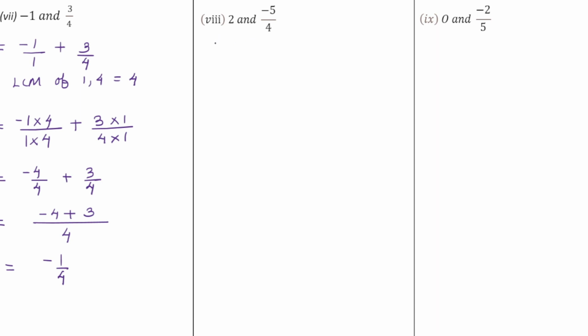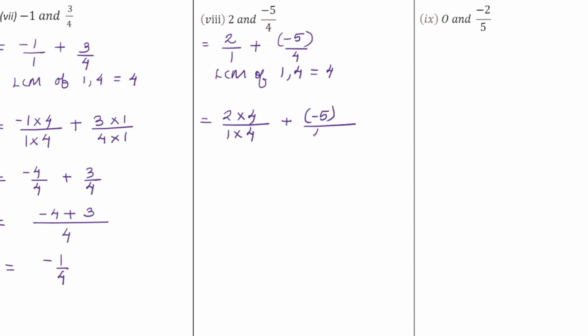Coming to the next question, I will write this 2 as 2 by 1, and I will add this with minus 5 by 4. Now let us take the LCM. So LCM of 1 and 4 will be 4, and now 2 into 4 and 1 into 4 is added with minus 5 by 4.